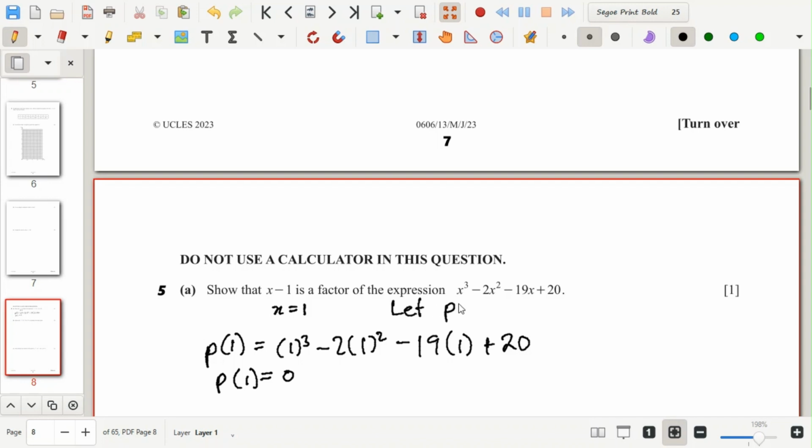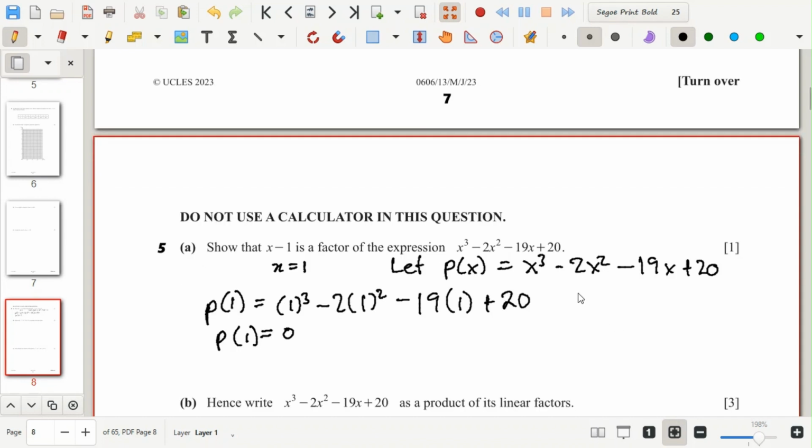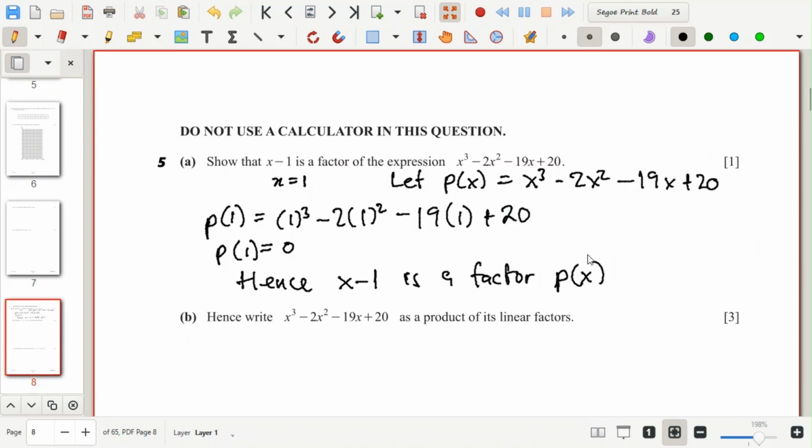Let p of x be the function. If you put a value into your function and it's equal to 0, then that expression is a factor. Hence, x minus 1 is a factor of the polynomial p of x. So you get 1 point if you're able to do this.